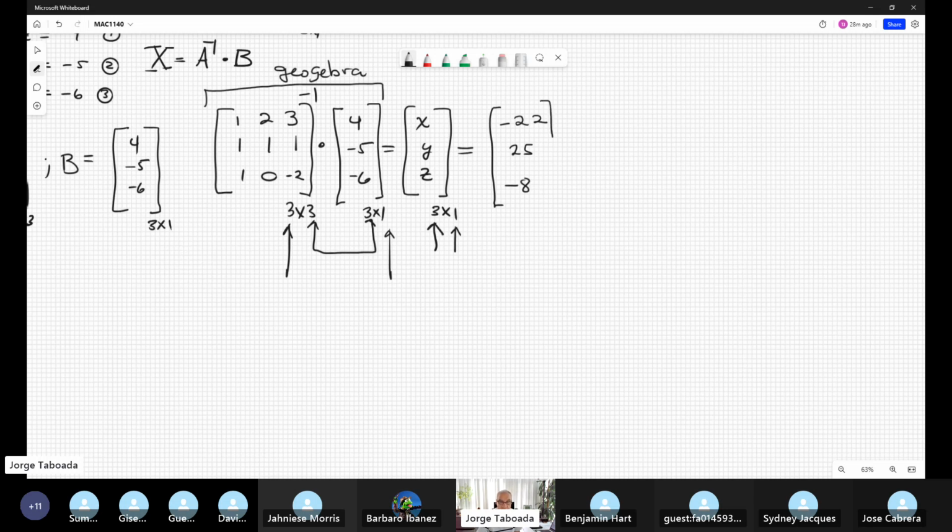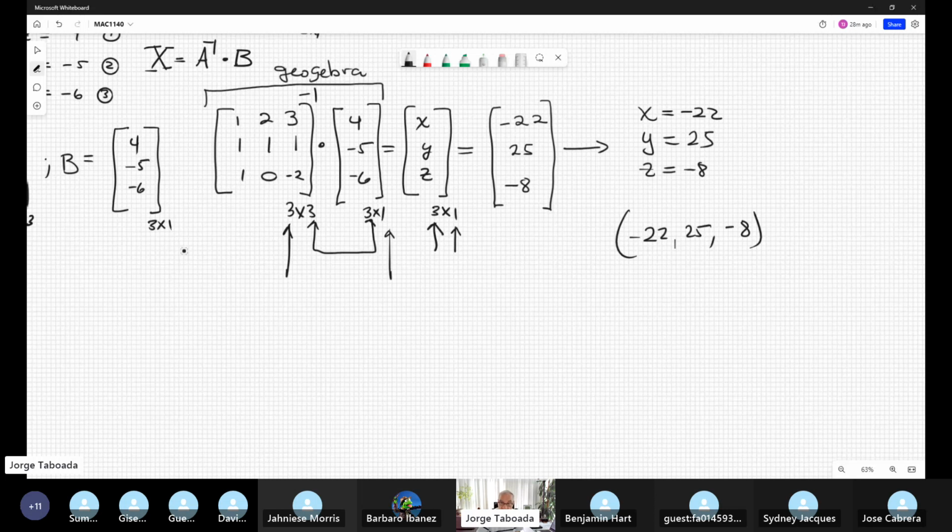Therefore, the conclusion: x is equal to minus 22, y is equal to positive 25, and z is equal to minus 8. Another way to write this is minus 22, 25, minus 8, the ordered triple. The final answer corresponds with option C in the handout.